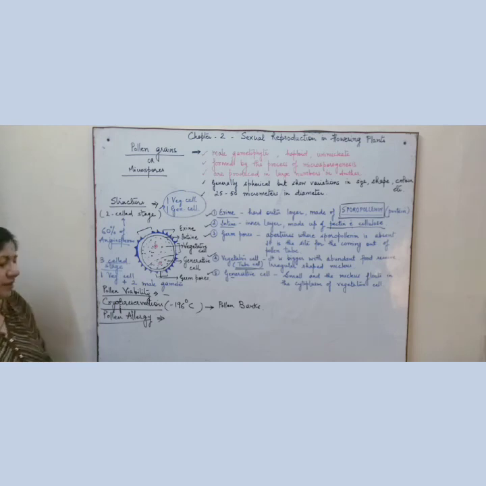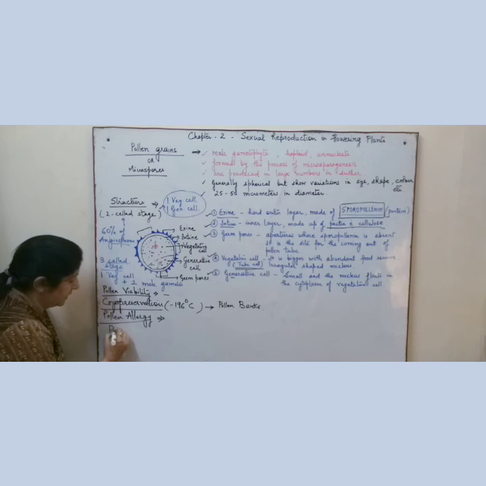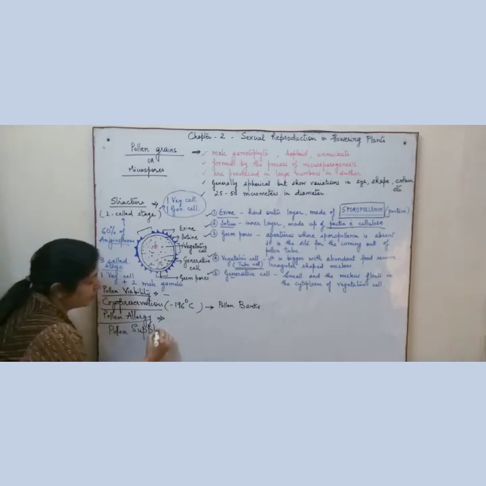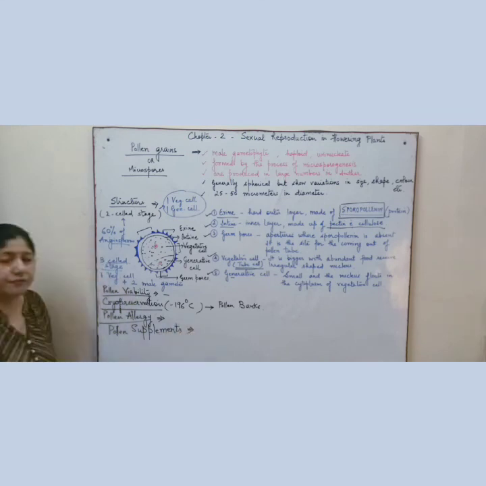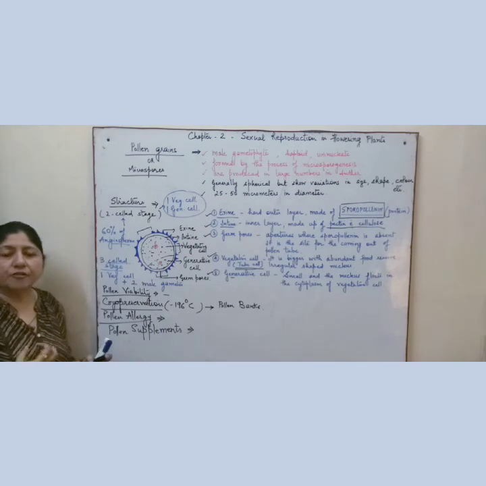Then we have another term, that is pollen supplements. Supplements are any additional food items which increase your immunity or the inner capability of the body, apart from taking the normal food.